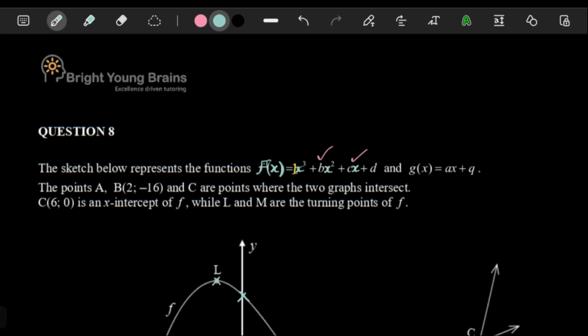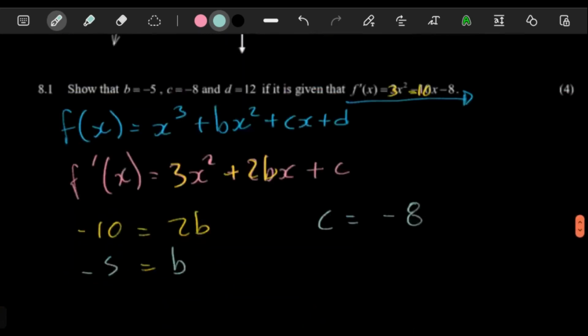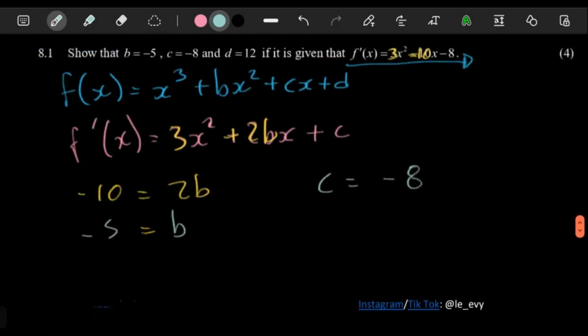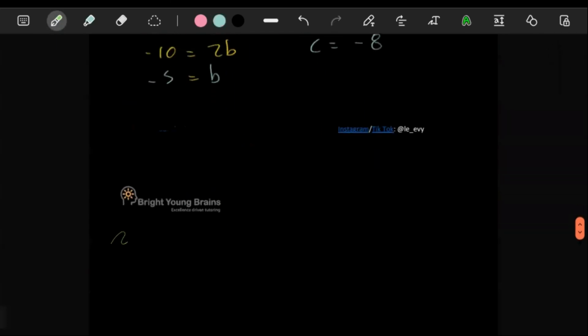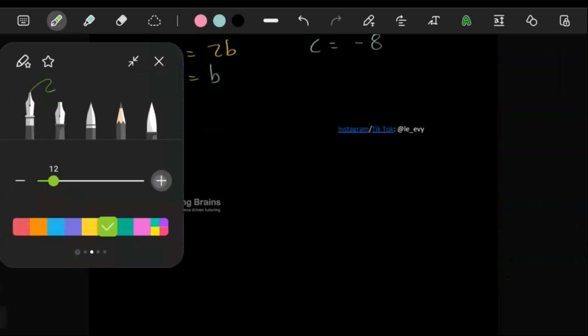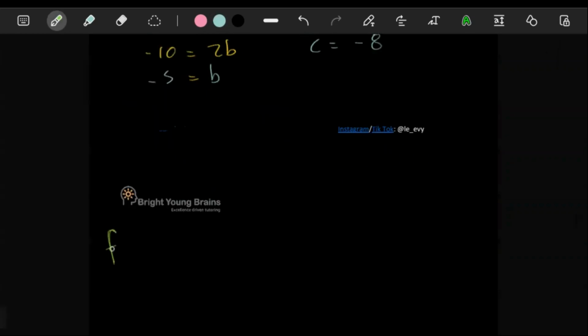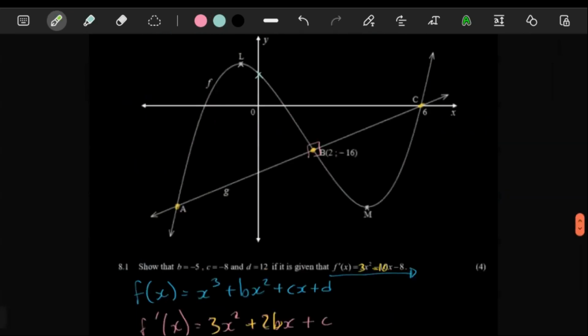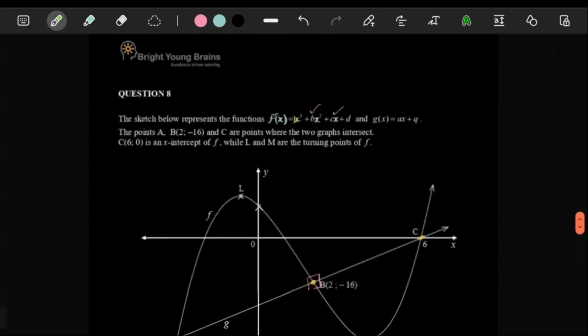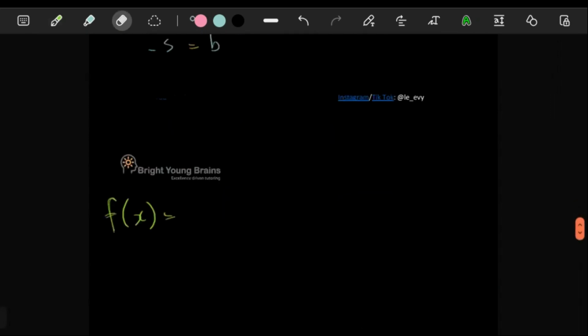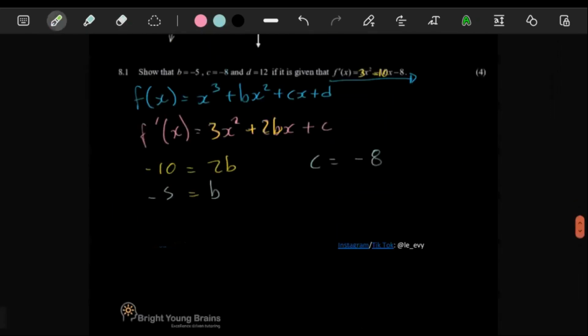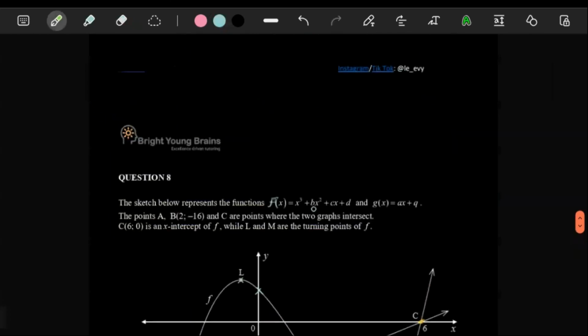So carrying on from here, we now have to make use of the information we have gotten to get a value of d. So in the main equation, f of x, let me write this out. f of x is equal to x cubed, and then we said our value of b is minus 5, so we're going to have minus 5x squared.